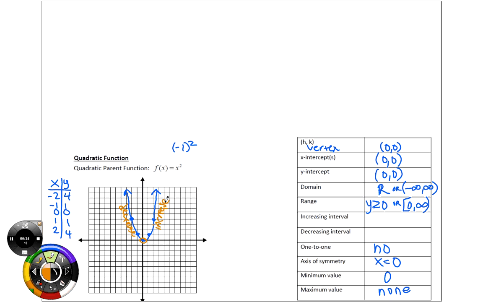To write the intervals, you are writing the domain that these happen in. When I say domain, what type of values am I paying attention to on the graph? X values. Okay? And they're called intervals, so you're going to use this kind of notation. So you guys told me this part of the graph is decreasing.